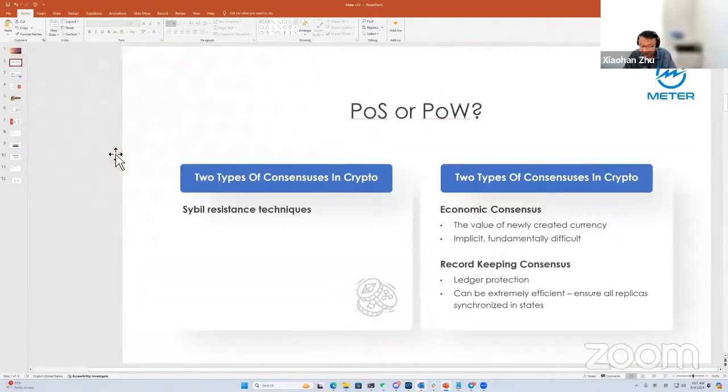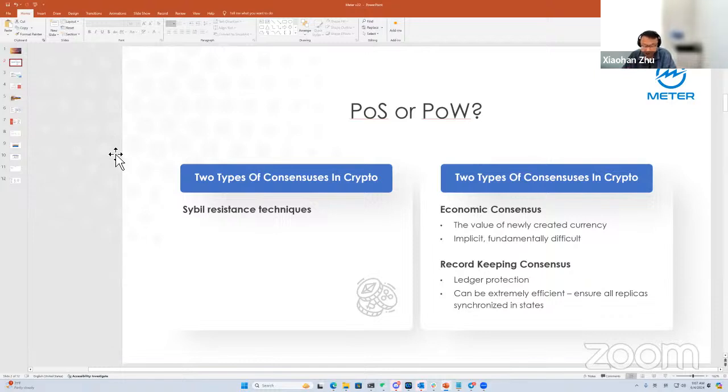When you talk to people in the blockchain space, people keep on talking about proof of stake or proof of work consensus, but those terms are not completely correct. Actually, neither proof of stake nor proof of work is a consensus algorithm. They are just Sybil resistance techniques, basically to prevent Sybils.